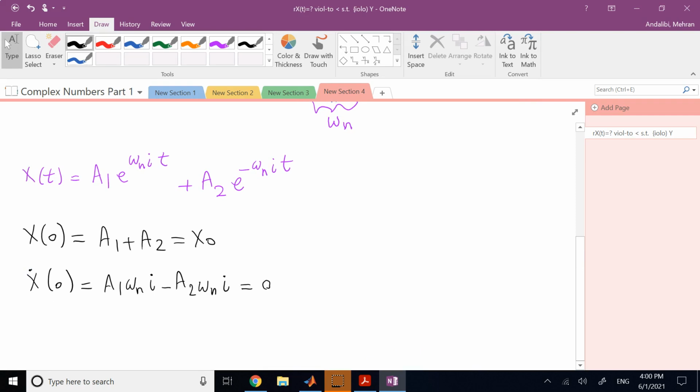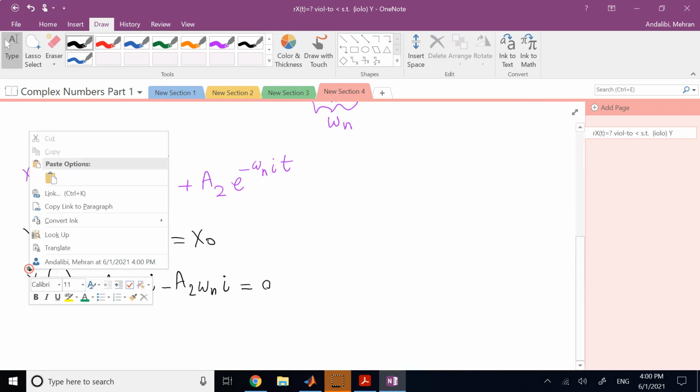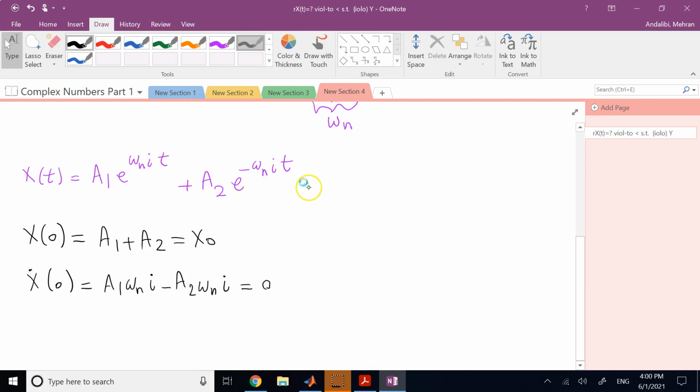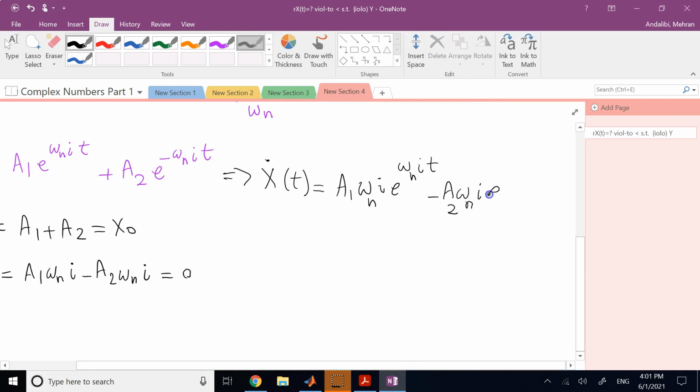So here I plugged in, because again, let me take the derivative for you for clarification. Clearly the derivative x dot of t is equal to a1 omega n i e to the omega n i t minus a2 omega n i e to the negative omega n i t.